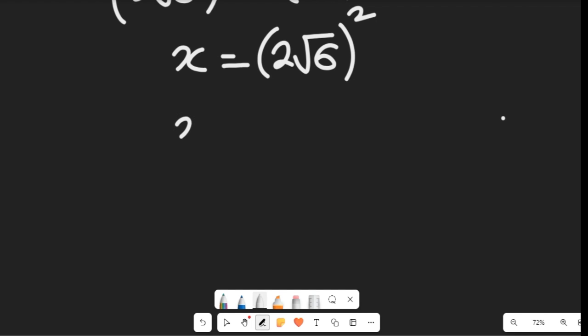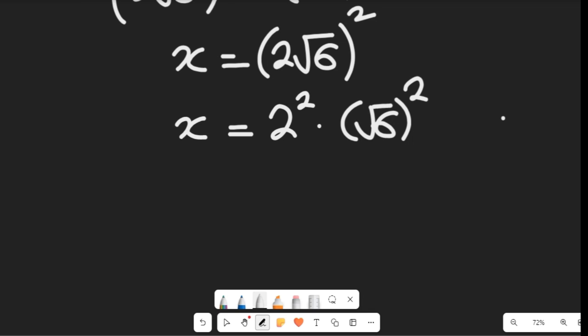What next? We're going to simplify that square. The value of our x now will be equal to 2 square multiplied by the square root of 6 all squared. Now recall that square root of 6 multiplying the square root of 6, the same value, this will be equal to 6, right?